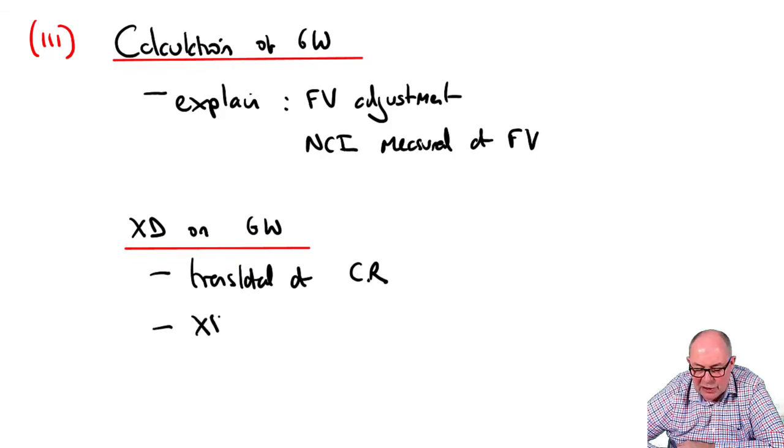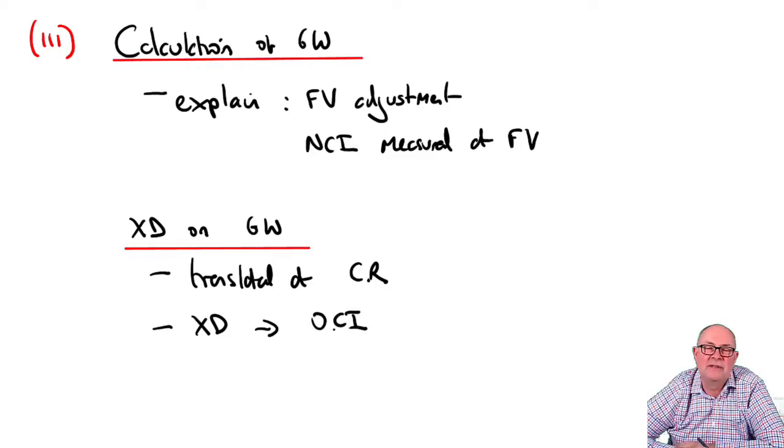So any exchange difference, the balancing figure, remember, goes to other comprehensive income. So there you have it. Up to another 4 marks there. Part A is a nice question to do well on. Must make sure, though, we didn't spend too long on it in the exam.